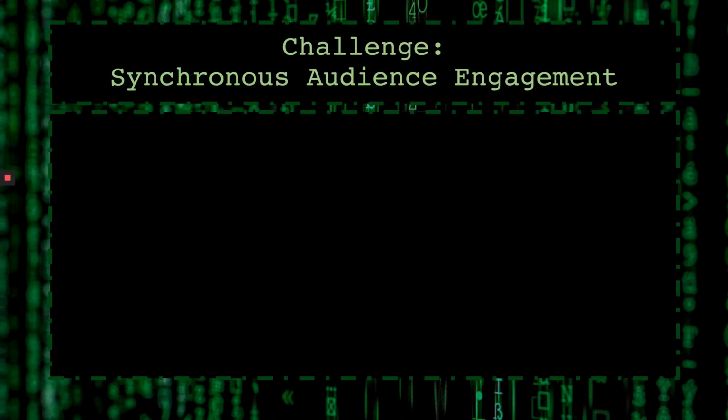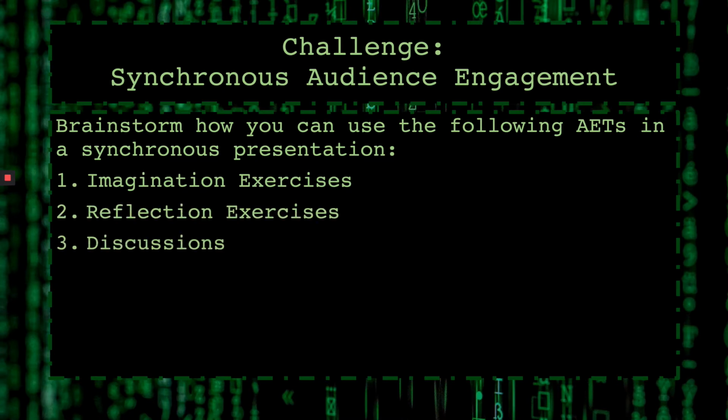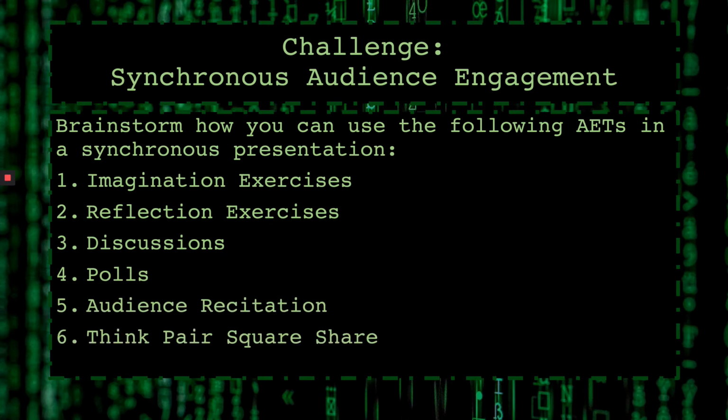So let's do the challenge again, synchronous audience engagement. Let's think of how you can use the following AETs in a synchronous presentation: imagination exercises, reflection, discussions, polls, audience recitation, and think, pair, square, share. So just take a moment and think, how would I use these audience engagement techniques in a synchronous presentation?